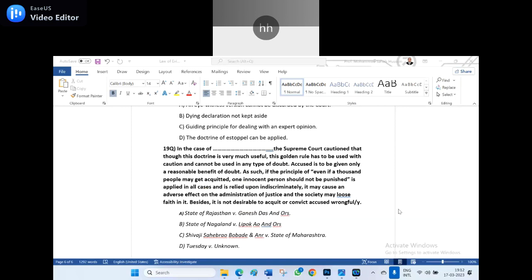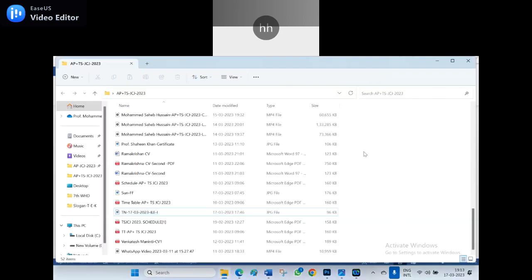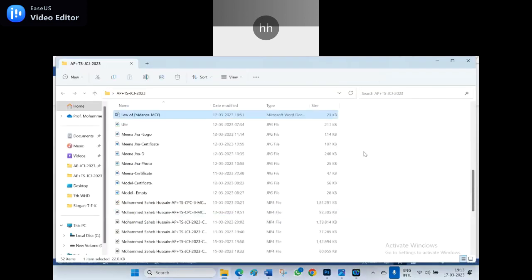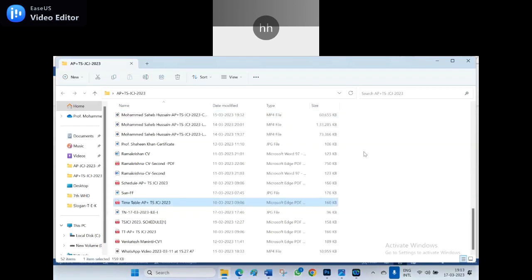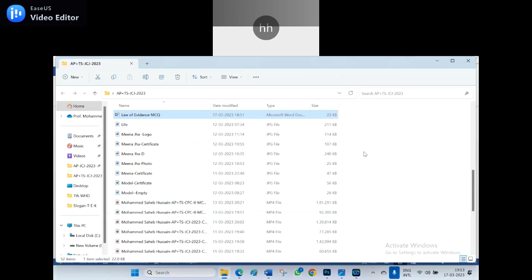What is the Act number of the Law of Evidence Act? Act 1. I appreciate. How many times has the law of evidence been amended? 3, sir. 3, if I'm not wrong.